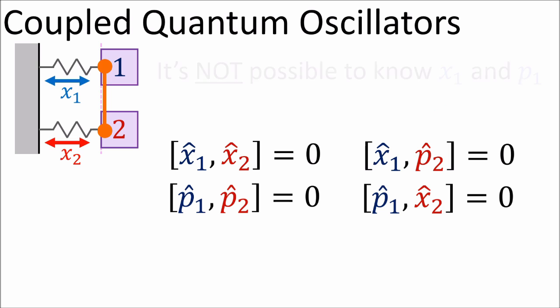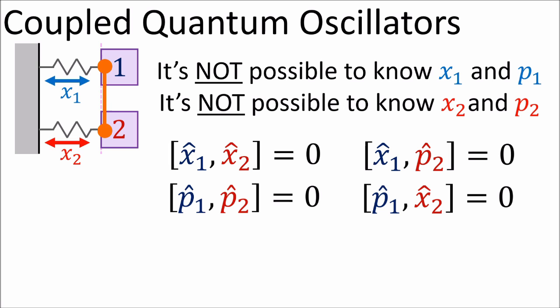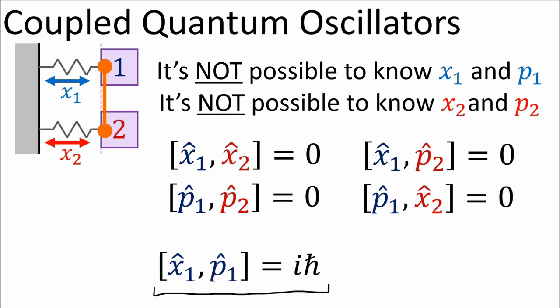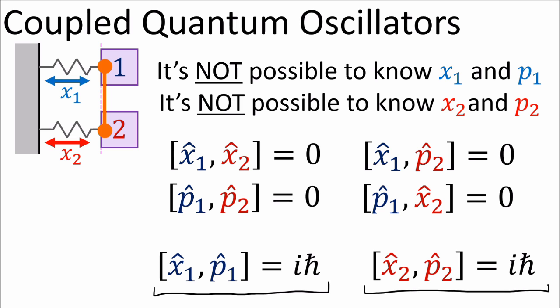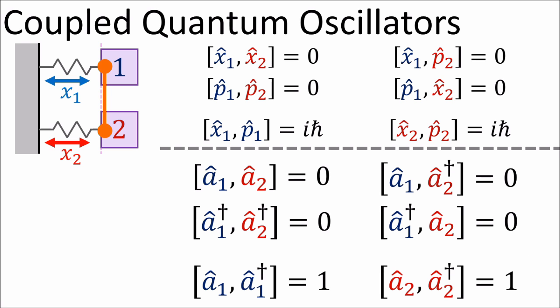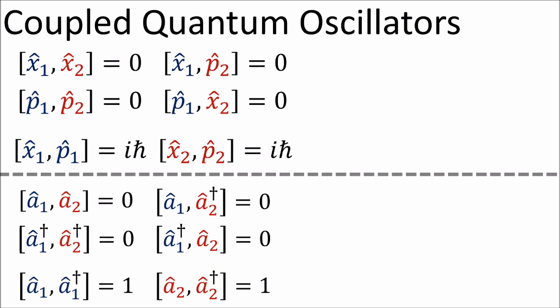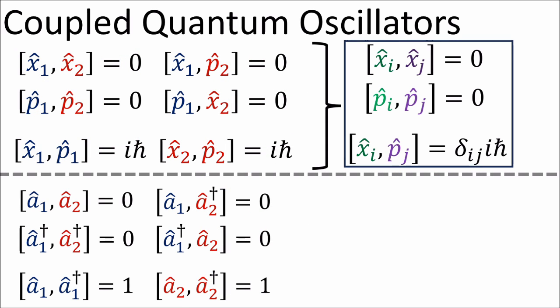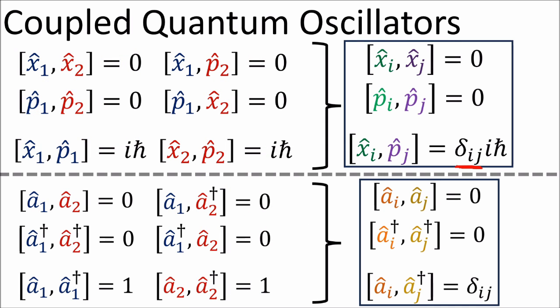It's only the position and momentum from the same oscillator which cannot be known together at the same time. So these commutators are non-zero. The same is true for the commutators of ladder operators. We can summarize these commutator relations using the Kronecker delta, where the i and j indices indicate the 1 and 2 labels for the oscillators.